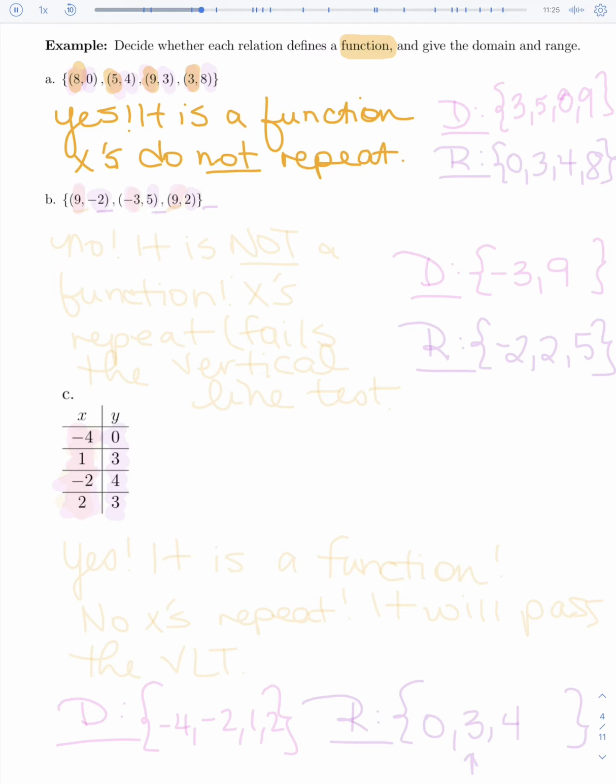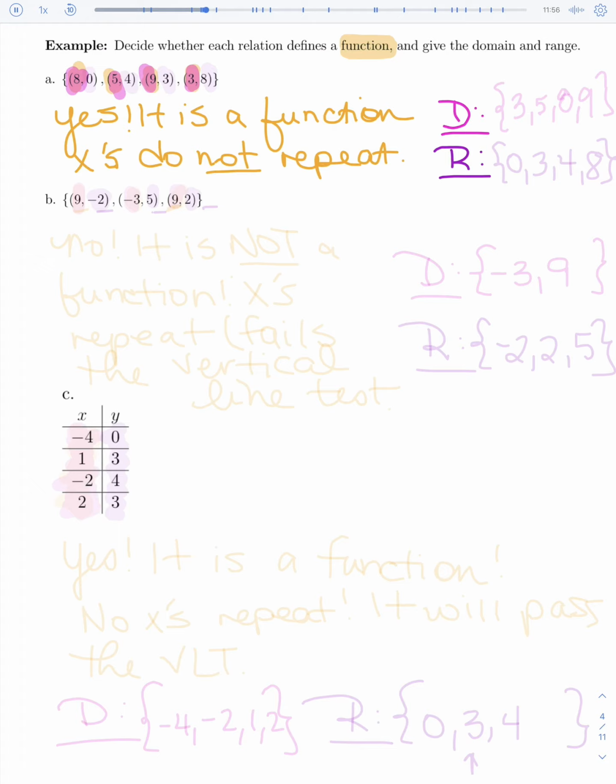However, we also want to look at finding this function's domain. We'll use D for domain and R for range. When determining our domain, we want to only again look at our x's. And what we notice is our function on A here is just a bunch of points. So when we list out our domain, we want to only list the x values that are on our points, because it's not connecting the dots, it's just a bunch of isolated points.